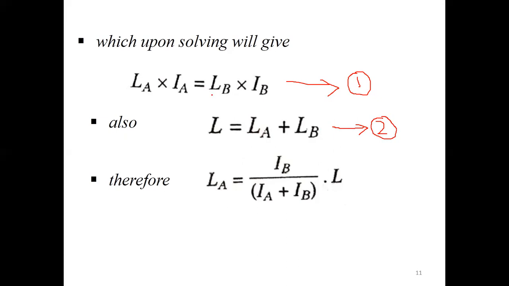Now, from equation number 1, if you find LB, you will get LAIA, the whole divided by IB.